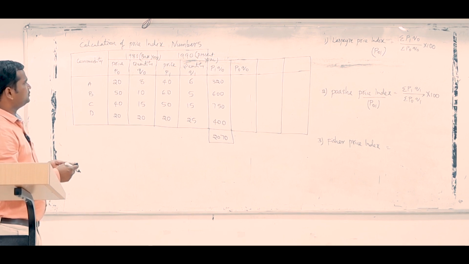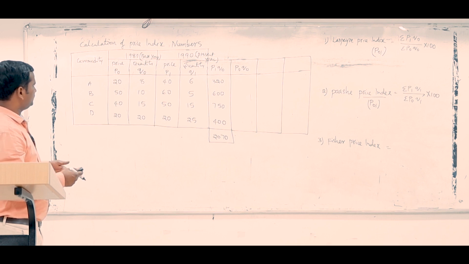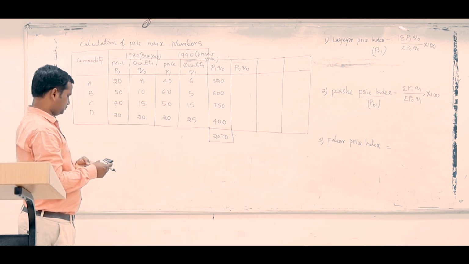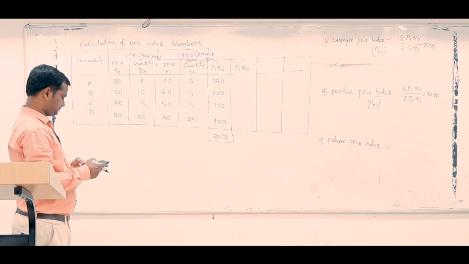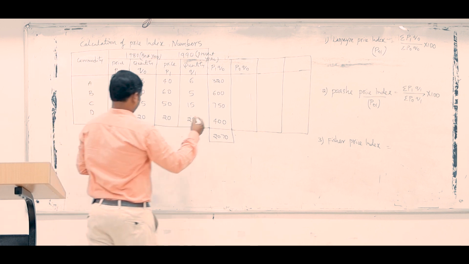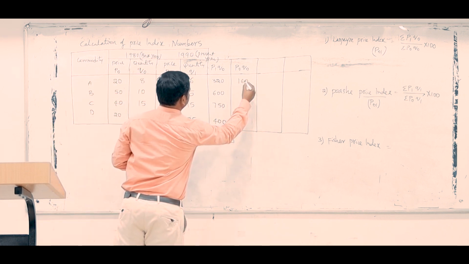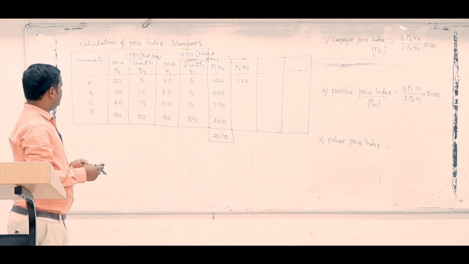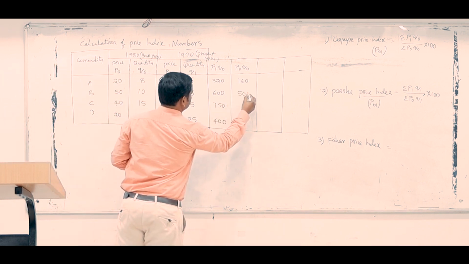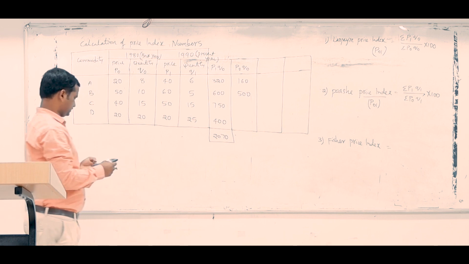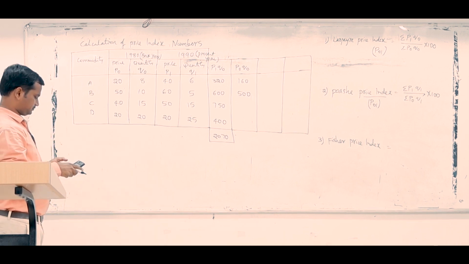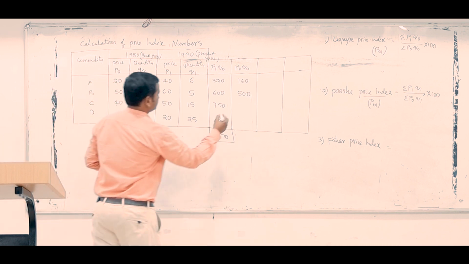Second term P0 Q0. So here these two terms we should multiply. So 20 into 8, 160. So next is 500. So next is 40 into 15, 600.